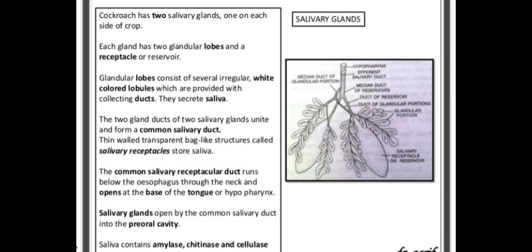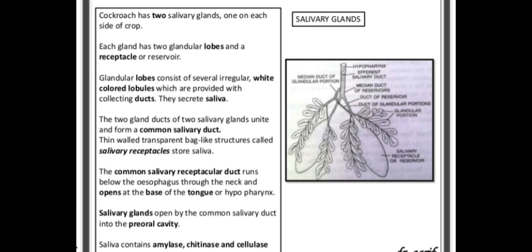In the midgut the digestion and absorption occur simultaneously. The undigested food is again passed to the hindgut, where still further absorption occurs.